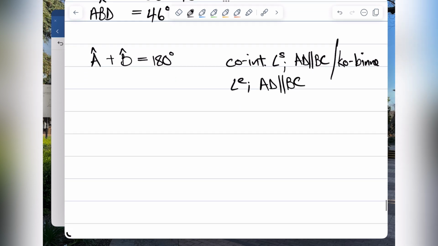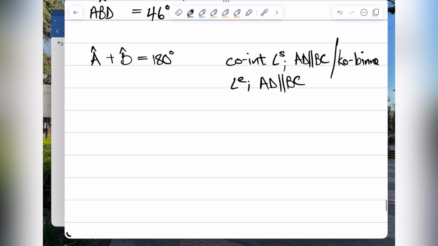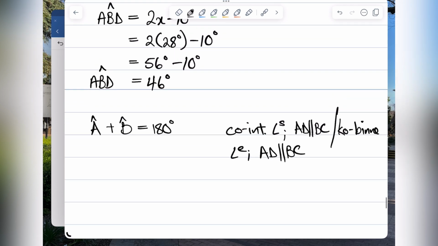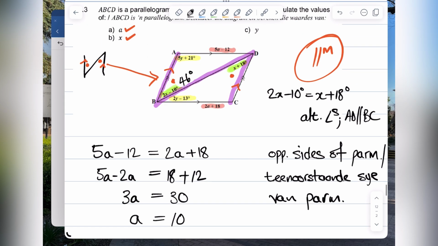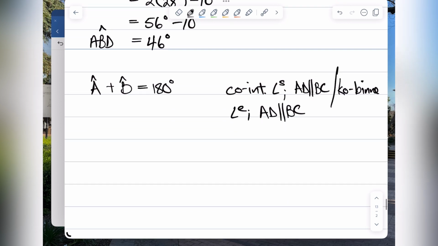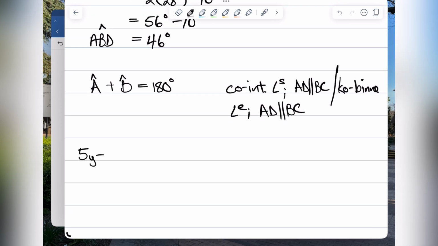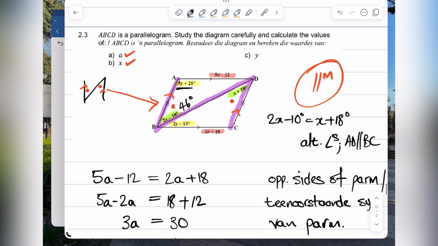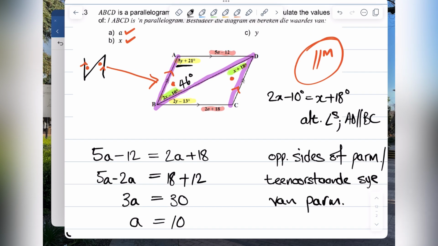Now from here we can use that fact as our base, and we can start substituting. So angle A, of course, we know is 5y plus 21 degrees, so we can say, okay, 5y plus 21 degrees plus, what is angle B? Now be careful, angle B is split into two parts here. The one part we calculated as 46 degrees, and the other part is 2y minus 13.